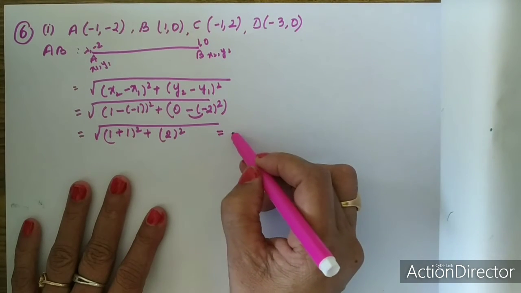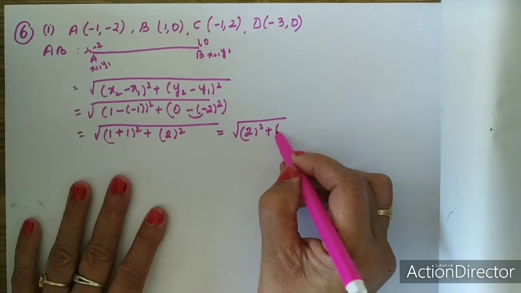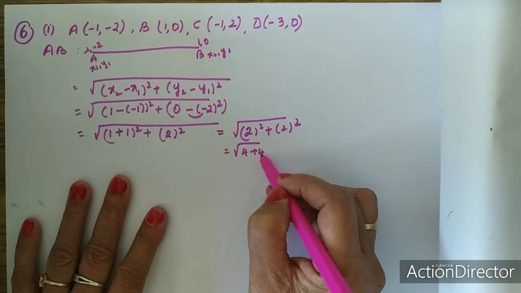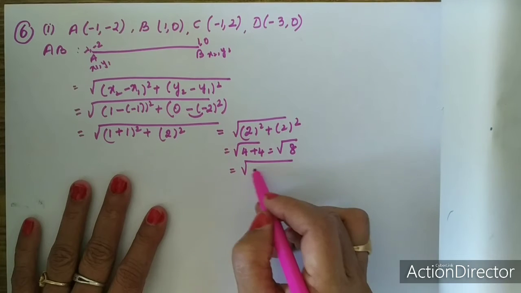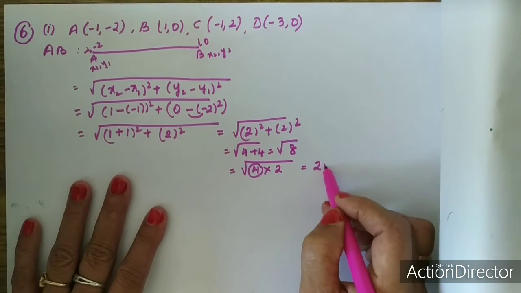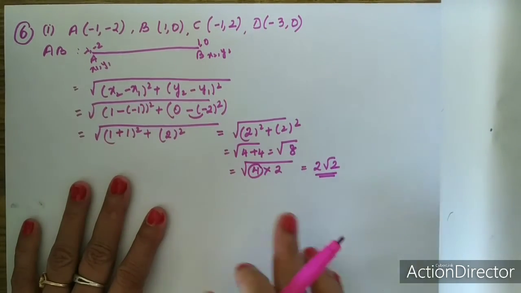This is equal to under root of 1 plus 1 is 2. 2 square. Again 2 square, which is equal to 4 plus 4, which is equal to 8. This is equal to 8 can be written as 4 into 2. Square root of 4 is 2. So the answer is 2 root 2. So the distance AB we got it as 2 root 2.